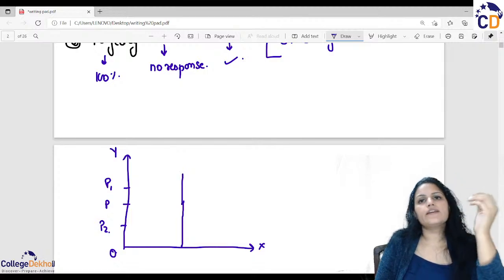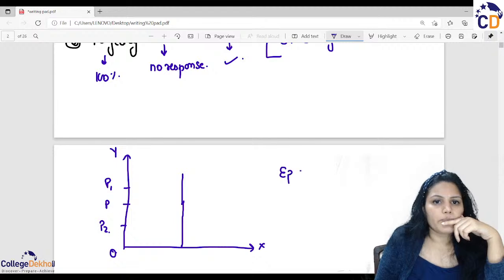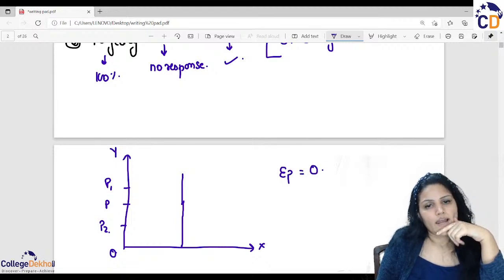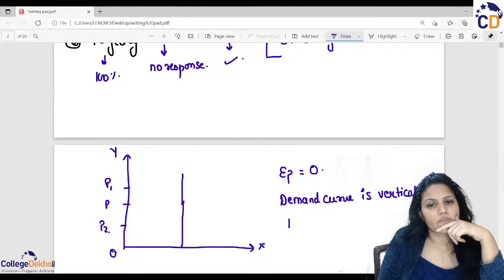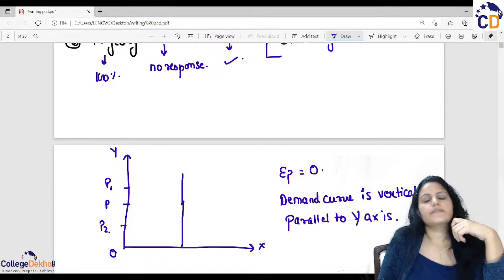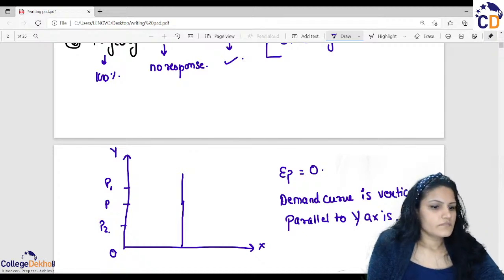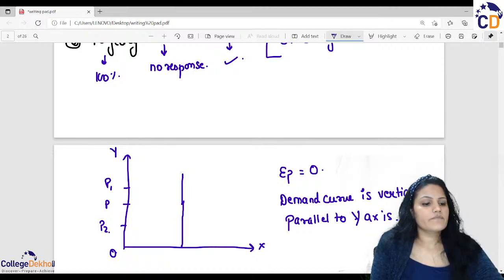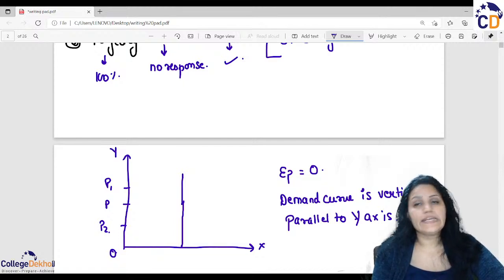So under perfectly inelastic demand, EP equals 0 and the demand curve is vertical, parallel to the y-axis. This is the demand for a perfectly inelastic demand.